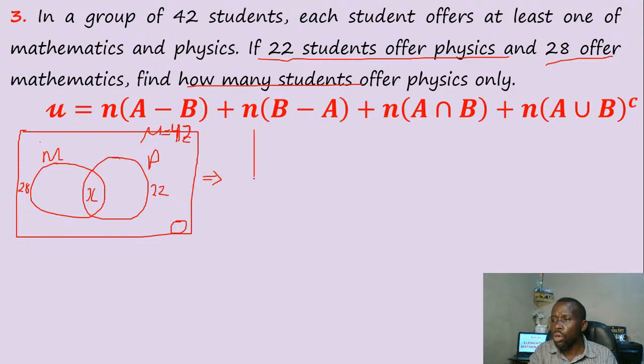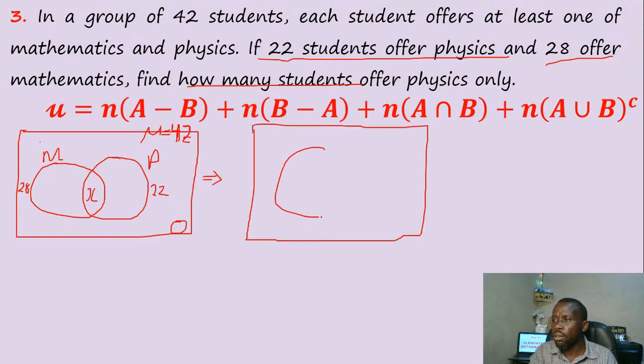Now, let's redraw. When we redraw, the first circle is M for mathematics and the second is P for physics.